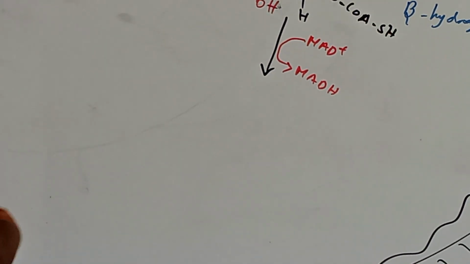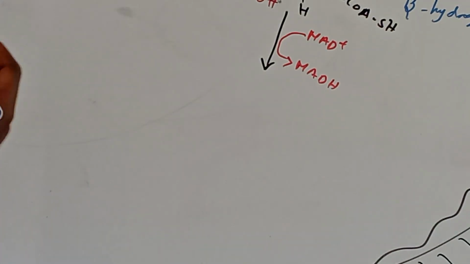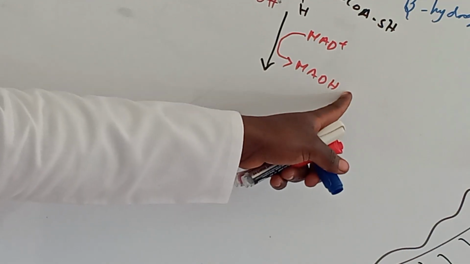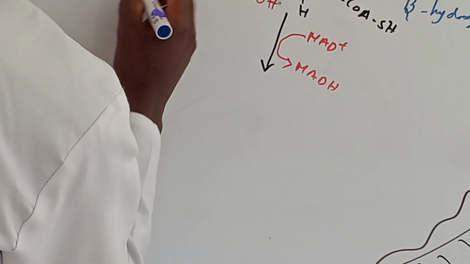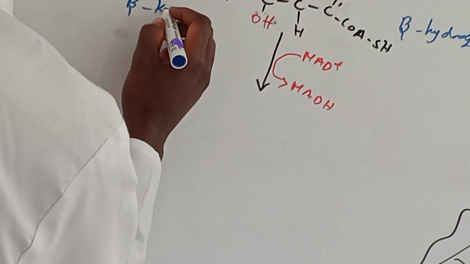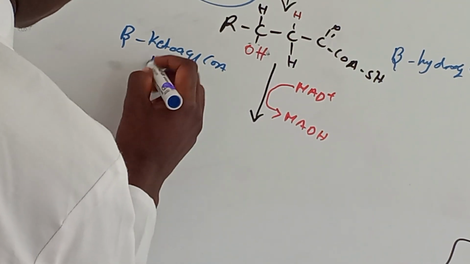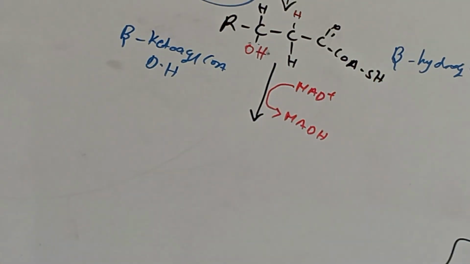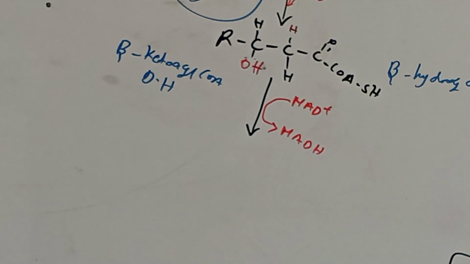Now what's going to happen? There's an enzyme that's going to catalyze this reaction, and this enzyme is a dehydrogenase because you see you have the reducing components, right? So this enzyme is going to be called beta keto acyl CoA dehydrogenase. Now somebody might wonder where are you getting the keto acyl CoA? Now see this.